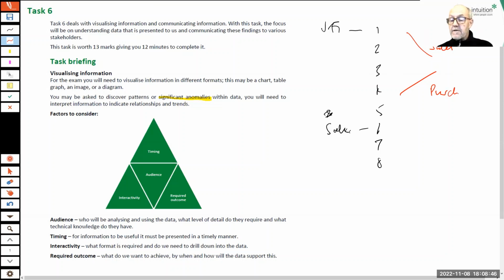If the software that analyzes our VAT return spots that there is an unusual relationship between the two, we're either making a lot of sales for not a lot of purchases, or more likely not much sales for a lot of purchases, it will flag that as an anomaly. And sure enough, 3 days later, we'll get an email letting us know that the VAT man's going to pop in and pay us a friendly visit.